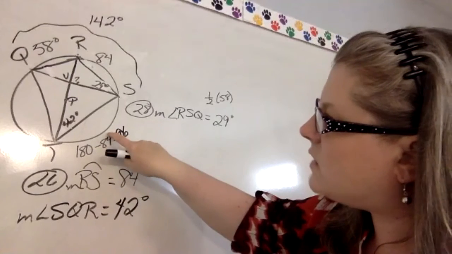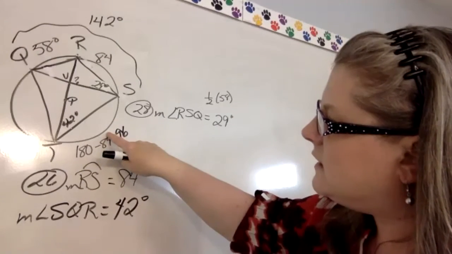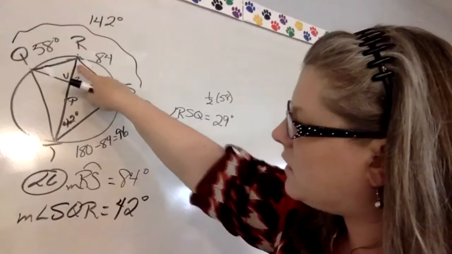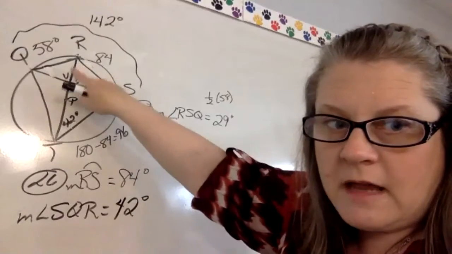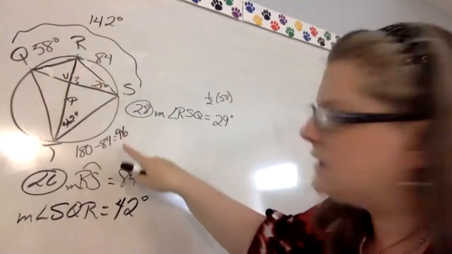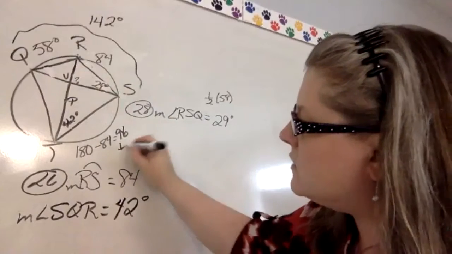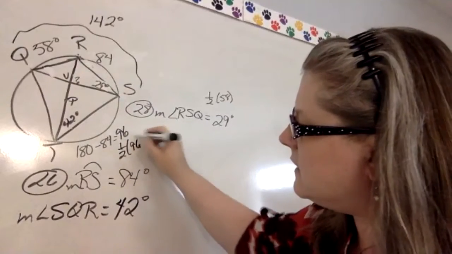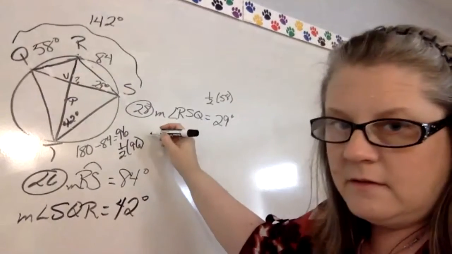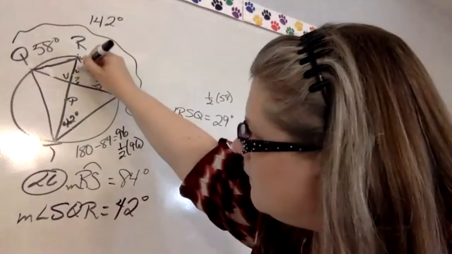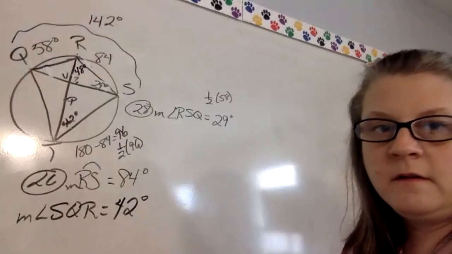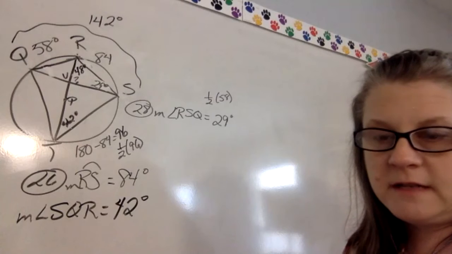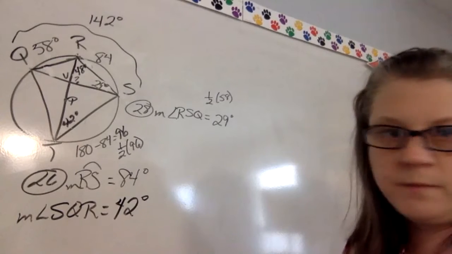So if this part's 96, this angle right here that it intercepts, the inscribed angle for this arc, is going to be half of that. So half of 96 is 48 degrees.